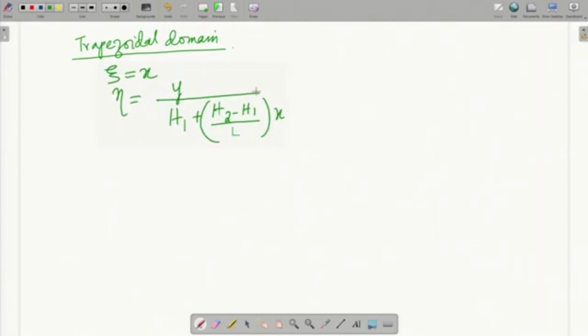So, now you know that because these are analytical expressions, you can actually derive all the metrics. For example, xi_x will be 1, xi_y will be 0.